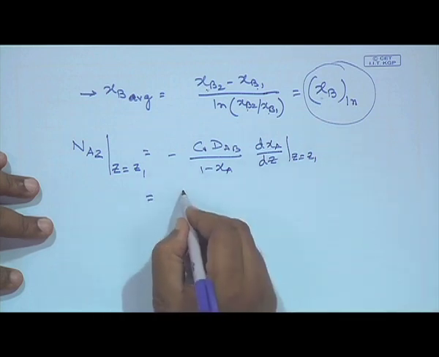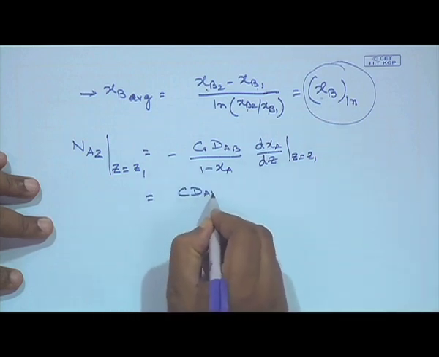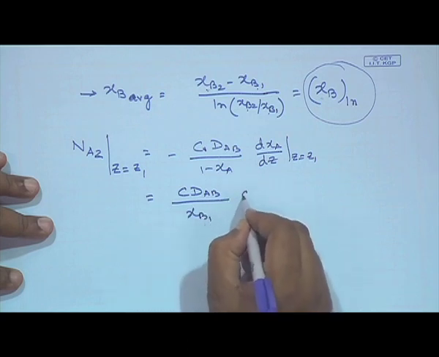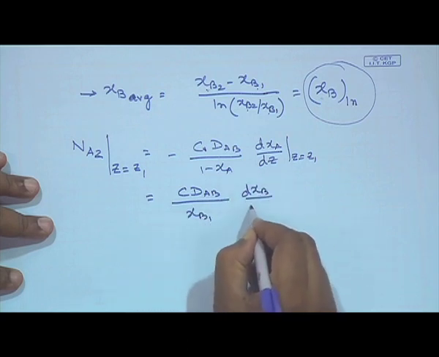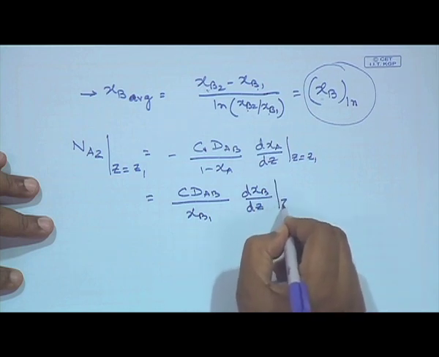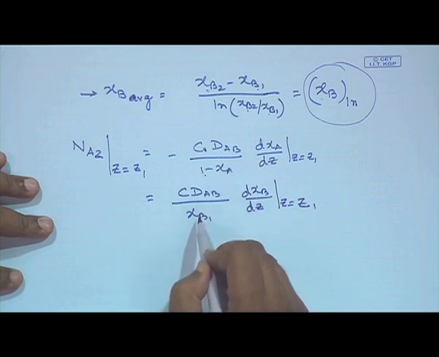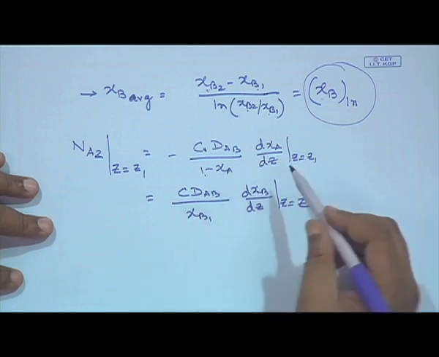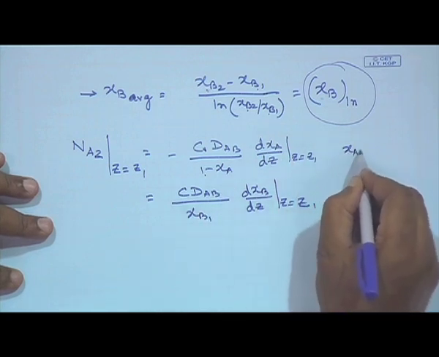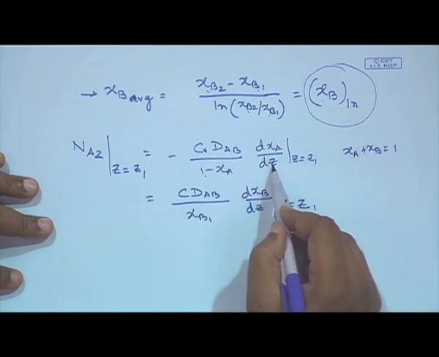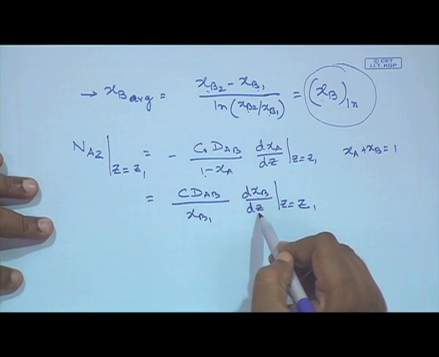which when expanded can be written as C DAB by XB1 times dXB by dZ at Z equals Z1, simply using the definition that 1 minus XA is XB, and since XA plus XB is equal to 1, dXA dZ is going to be equal to minus dXB dZ.